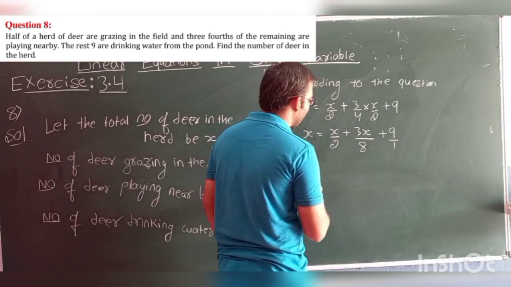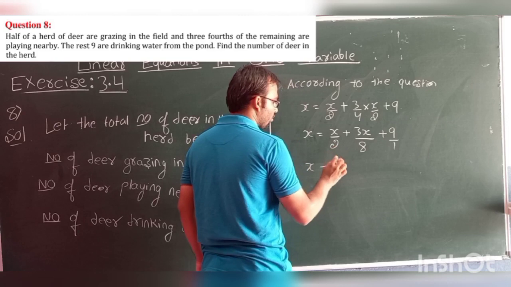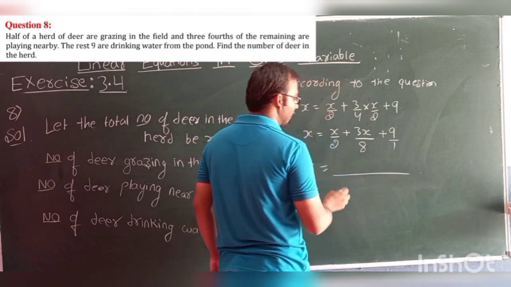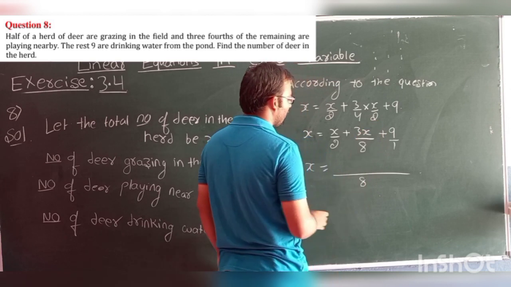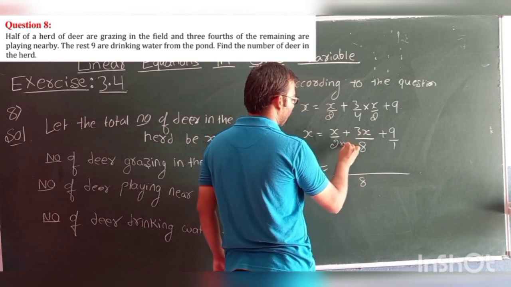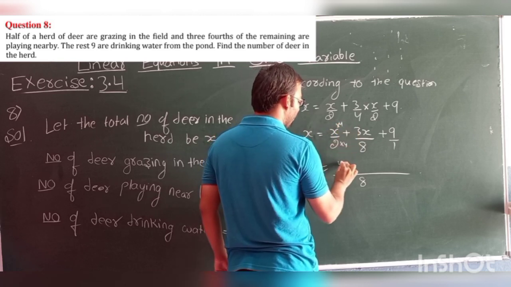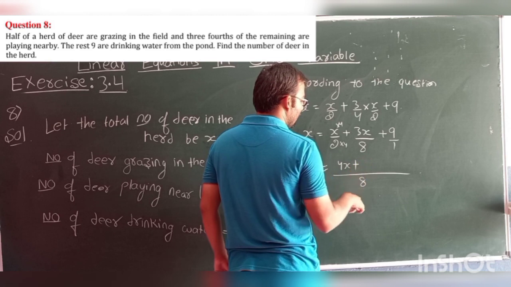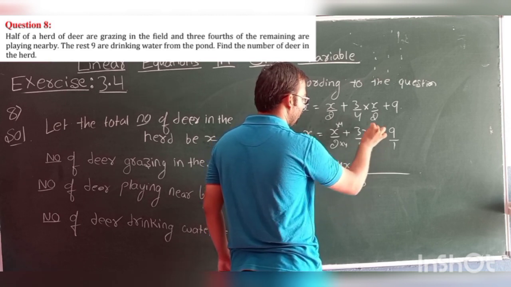So now we need to find the LCM of 2, 8 and 1. Okay, so x is equals to, I am writing directly, the LCM of 2, 8 and 1 is what? 8. Okay, and if the LCM is 8 and the denominator is 2, then multiply by 4, because 2 4s are 8. X into 4 is 4x plus, if the denominator is 8 and LCM is 8, then multiply only by 1.